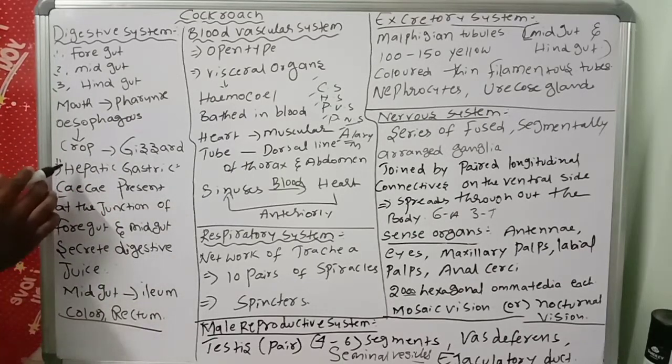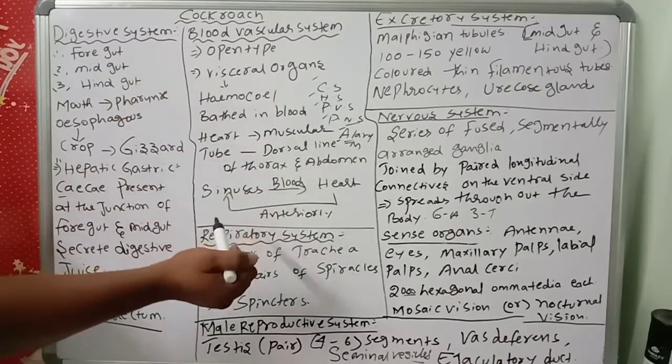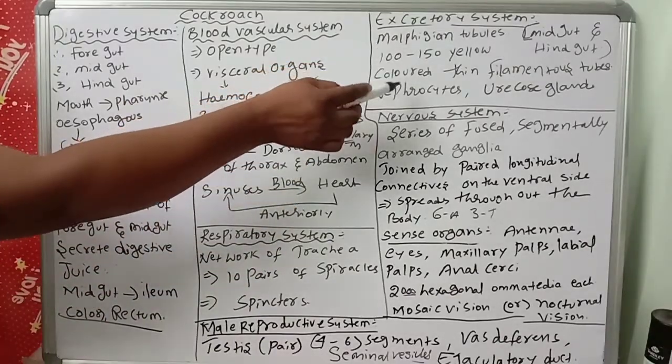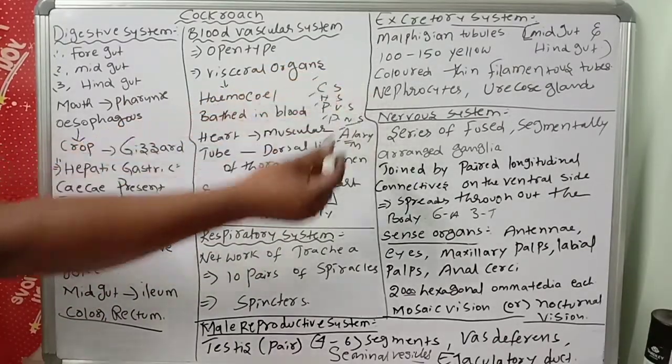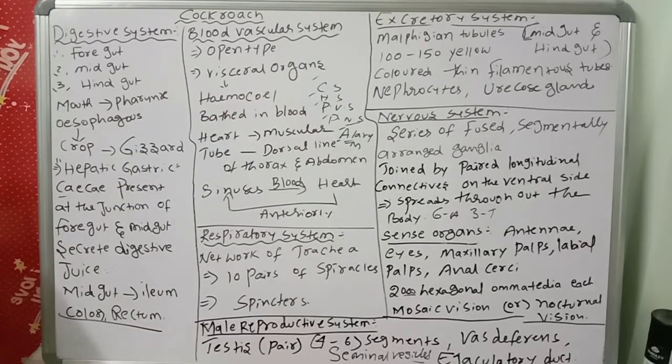That's the first bit. And what are the malpighian tubules? They are yellow colored thin filamentous tubes present at the junction of midgut and hindgut. There are 100 to 150 of them.